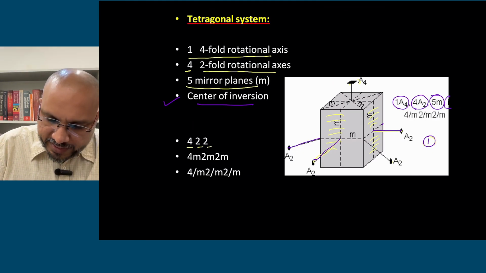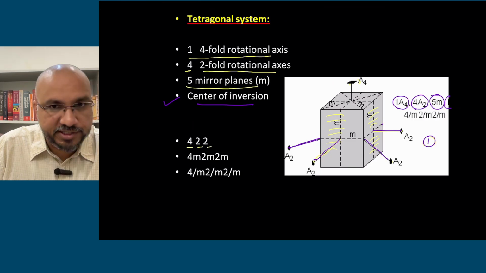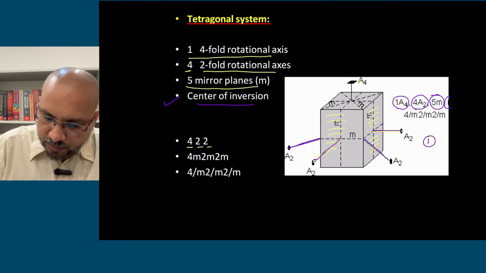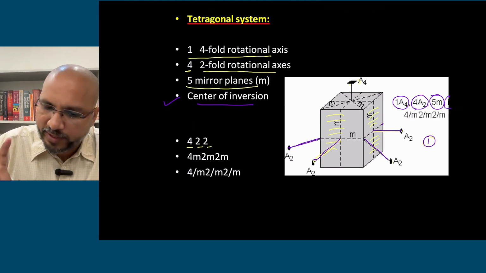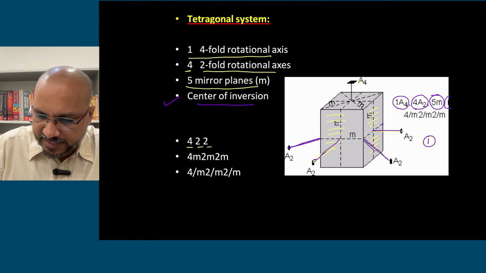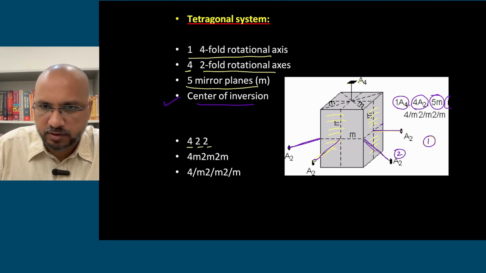It is passing through the edge. It is also passing through the edge, right? So they are two-fold rotational axes passing through the edge, but unique, it is only one, because both of them are passing through the edges. So this is the second unique two-fold rotation axis.